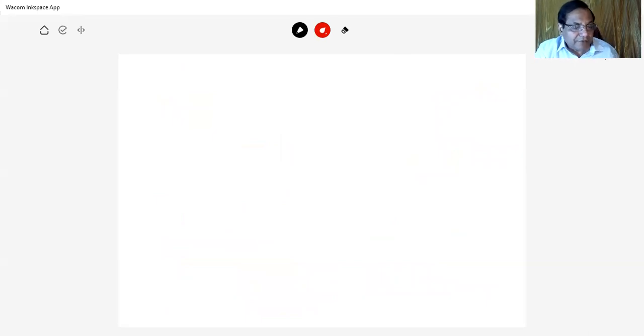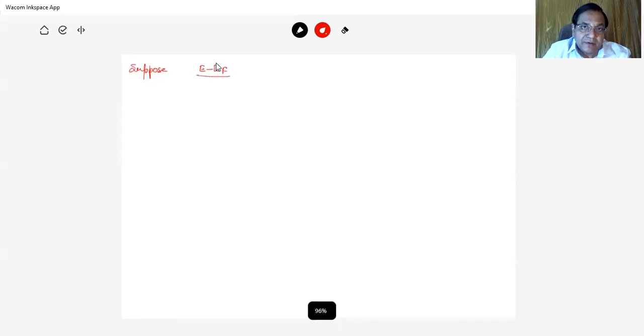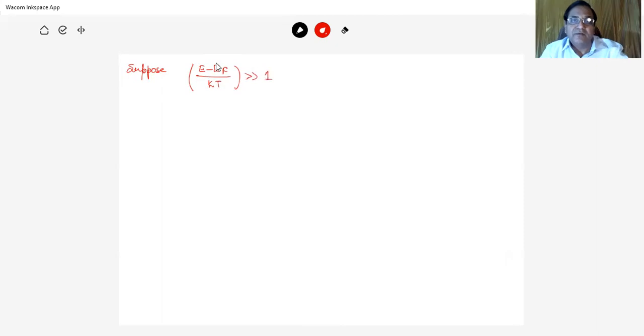And this method of integration, in this case, is as follows. Suppose (E minus EF) upon KT is greater than 1.